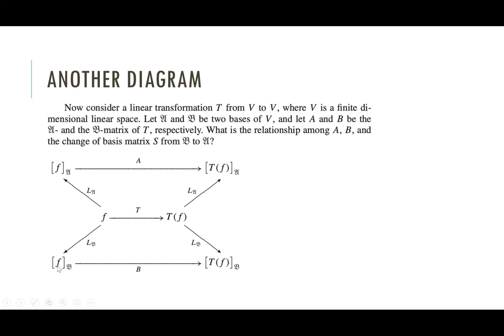You have your vector, and your coordinate transformation takes it to its coordinate vector for both the function and its transform. And then, as we just saw, we have a matrix that can go back and forth between a vector written in one basis and that same vector written in another basis. And that matrix is the matrix S.